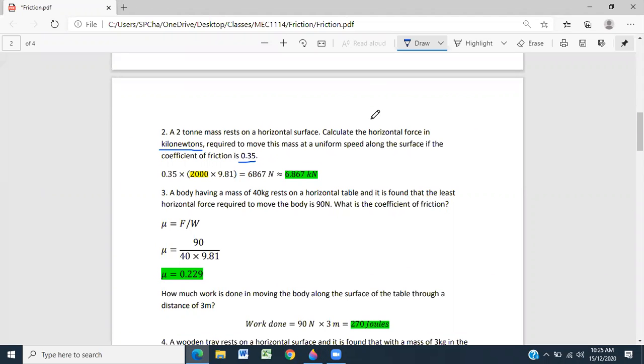So we know mu, and we know that's equal to the horizontal force required to overcome friction divided by the weight. So we know mu and we know weight. Take a few minutes, work this question out, and tell me if you get the same answer as me.